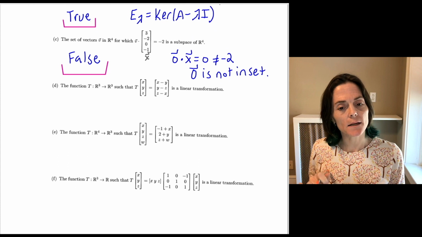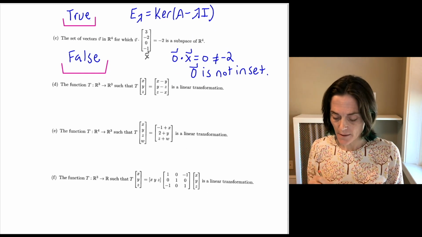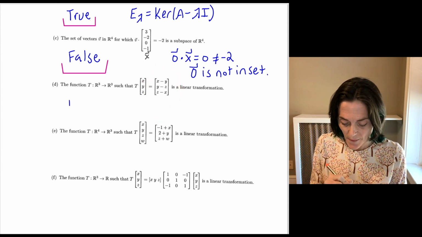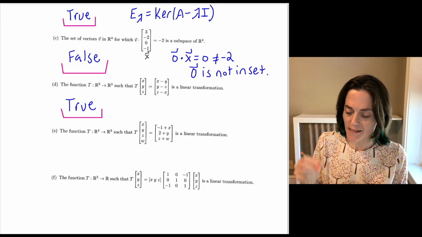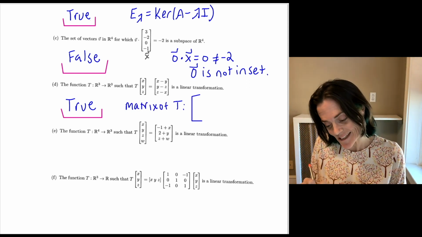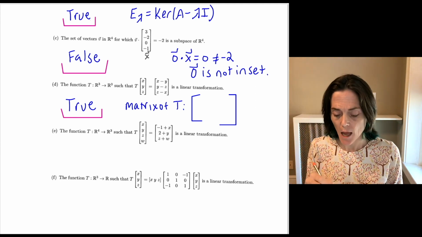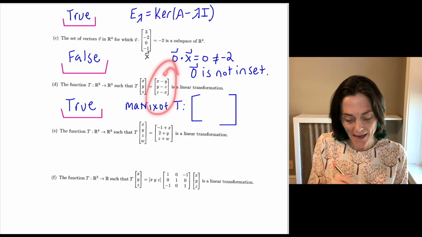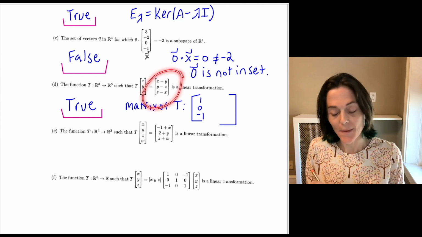Okay, next question. The function from R3 to R3 given by this formula is a linear transformation. This is true. Let's justify. Well, we can write down the matrix. What would we need to do to find the matrix of a transformation? In fact, this would justify we'd have a linear transformation. Evaluate at E1, we would have 1, 0, -1. That's the first column of the matrix.